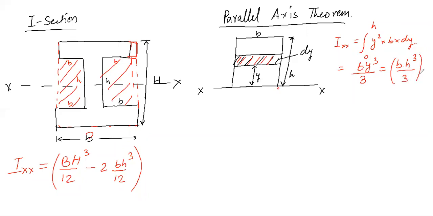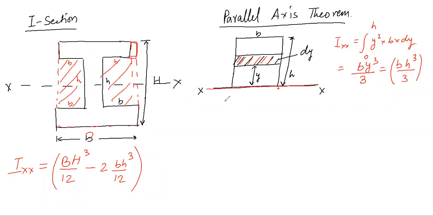So it means what? Your moment of inertia at the end, or you can say at the extreme of your rectangle, is b h cube by 3, whereas about the center it is bh cube by 12. So you can also find this moment of inertia with the help of the parallel axis theorem.